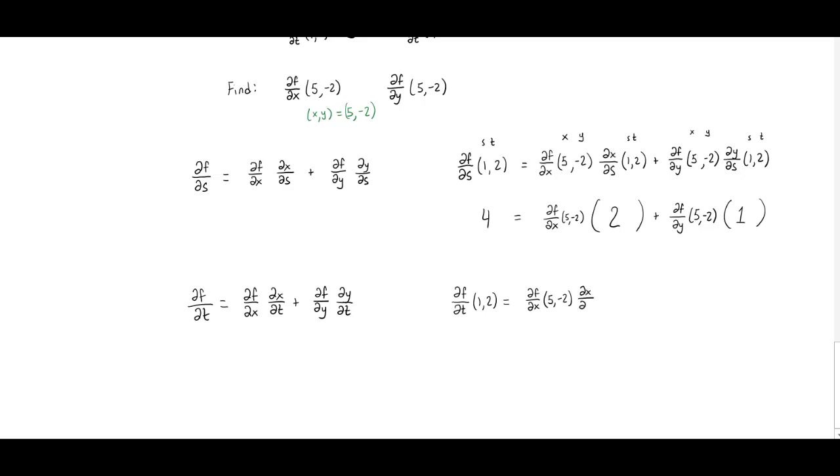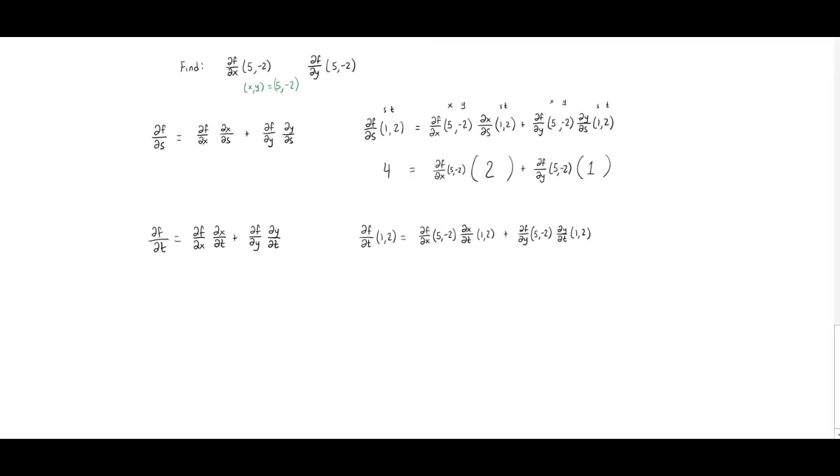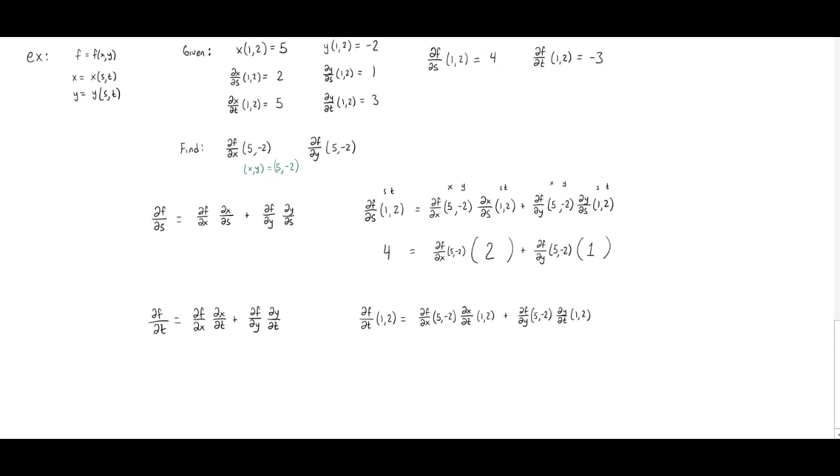Then we have partial of x with respect to t at this point, and next plus partial of f with respect to y, again, x and y should be 5 and negative 2 when s and t are 1 and 2. And then partial of y with respect to t at the point 1, 2. All right, so we'll plug in all the numbers that we have again. So partial of f with respect to t at the point 1, 2 is negative 3.